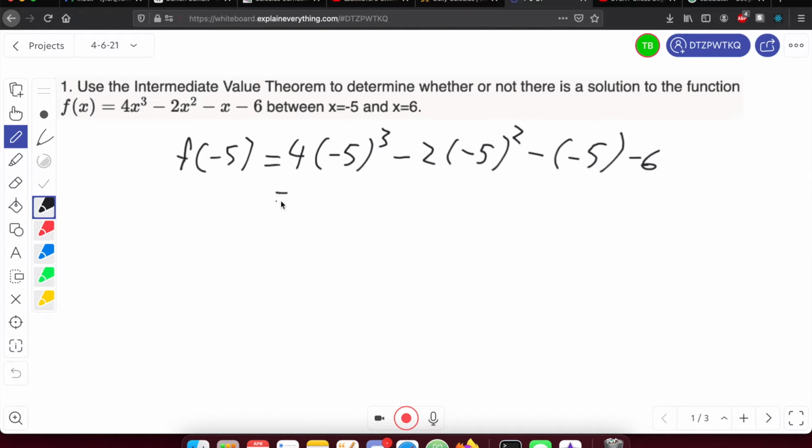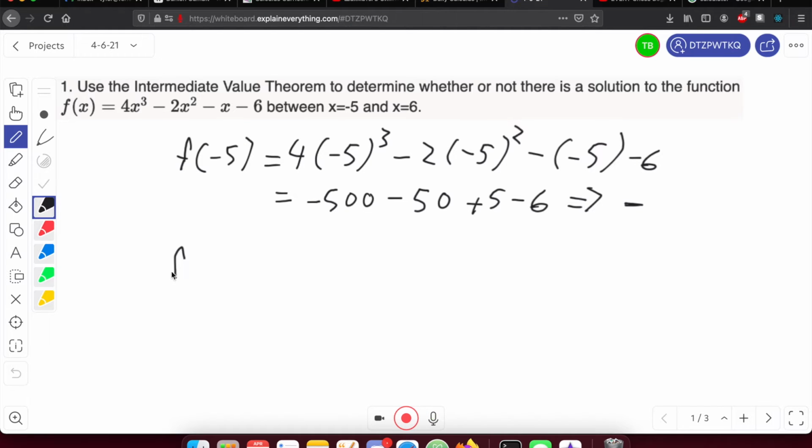So for this, we know that 4 times negative 5 cubed is negative 500. You can check this if you want. Minus, let's see, negative 5 squared is 25, so this is minus 50. And this is plus 5 minus 6. Okay, so this is obviously very negative. So this is a negative value.